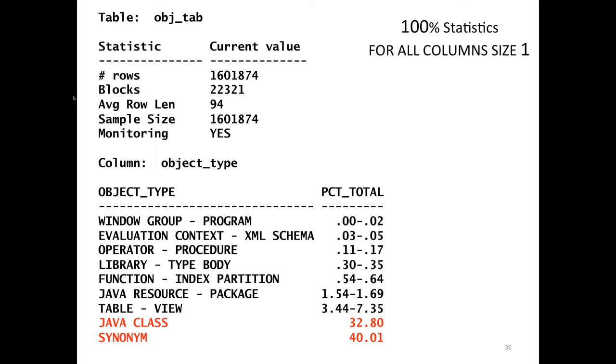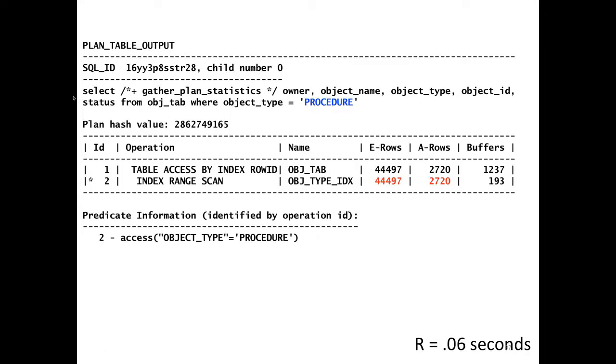Well, let's take a look. If I query the table and look for an object type of procedure, procedure is an infrequently occurring object type value. Notice here that when the optimizer computes the estimated number of rows, it is using the concept of uniform distribution, and it thinks that procedure is going to be one out of, let's say, 12 or 13 different object types.